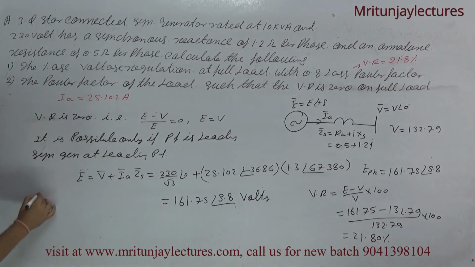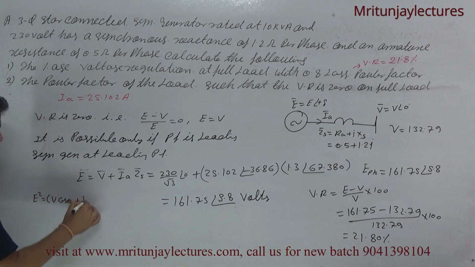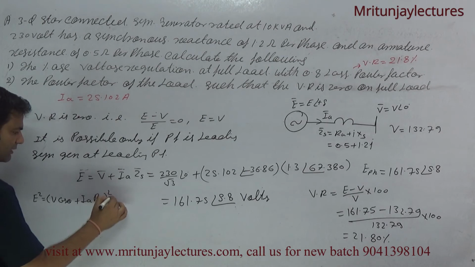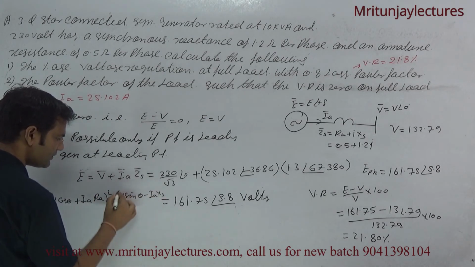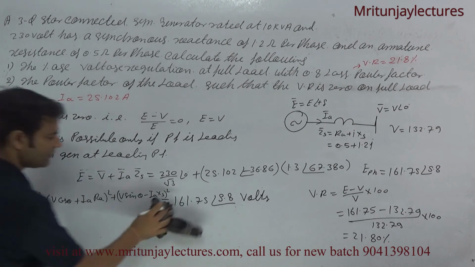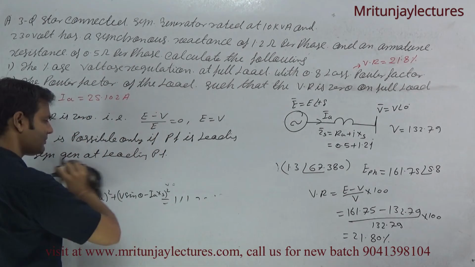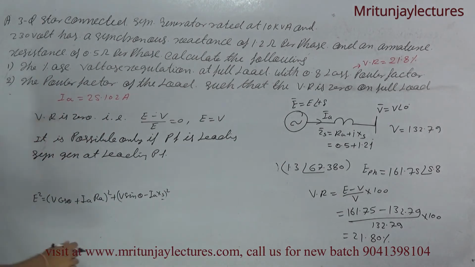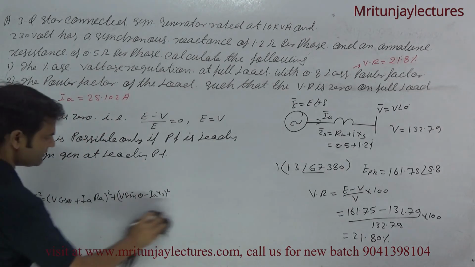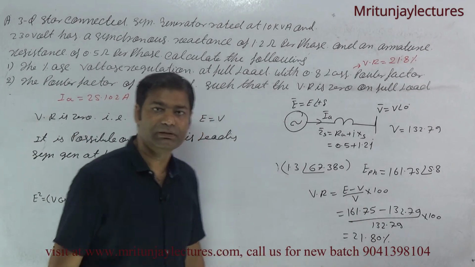E square equals (V cos theta plus IA into RA) to the whole square plus (V sin theta minus IA into Xs) to the whole square. Clear? With the help of this formula, I have already discussed how to get this formula.